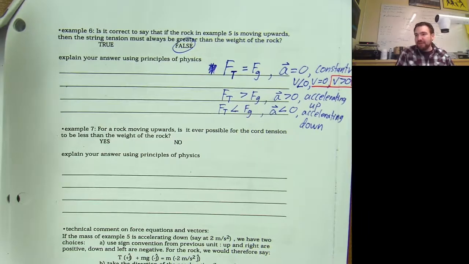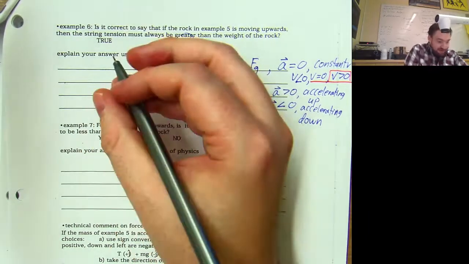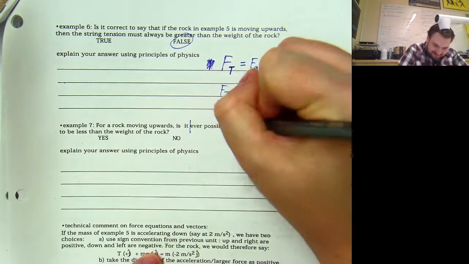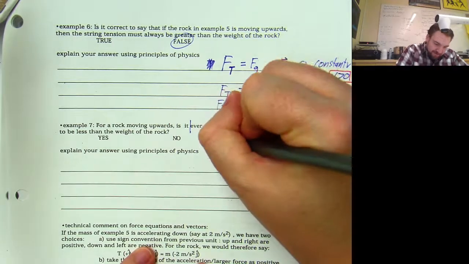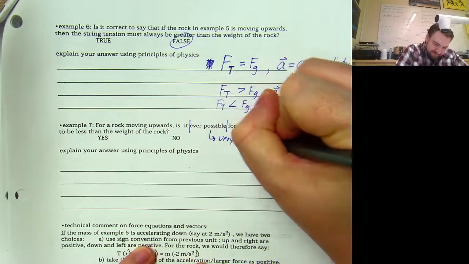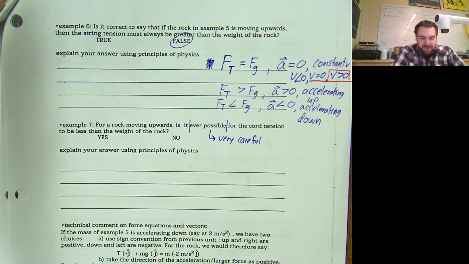For a rock moving upwards, is it ever possible for the cord tension to be less than the weight of the rock? Is it ever possible? When it says things like that, you've got to be very careful here. Could you conceive of a scenario where the tension in the cord is less than the weight of the rock for a rock moving upwards?